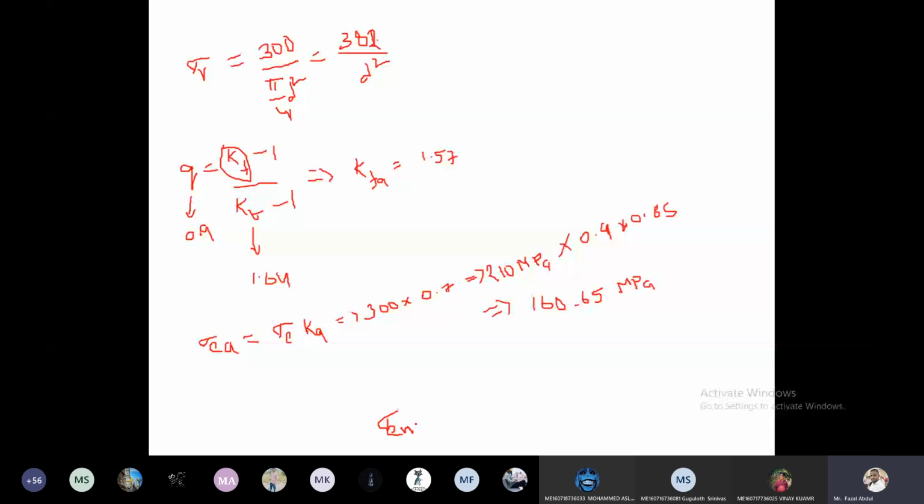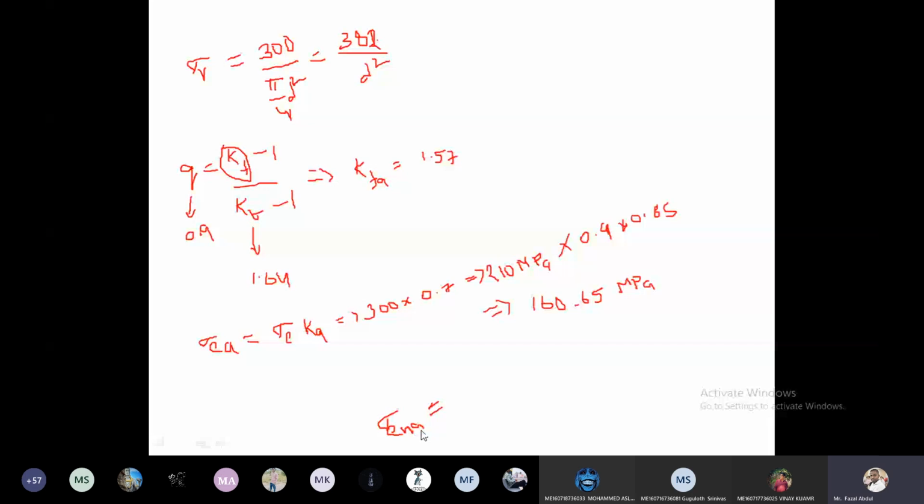This represents the mean stress. Mean stress we calculated as 191 by d square. Variable stress we got as 382 by d square. Yield strength is given in the question, and the Kf value also we calculated. Just now we calculated this product. Substitute all values, you will get the equivalent normal stress due to axial loading in terms of megapascal.